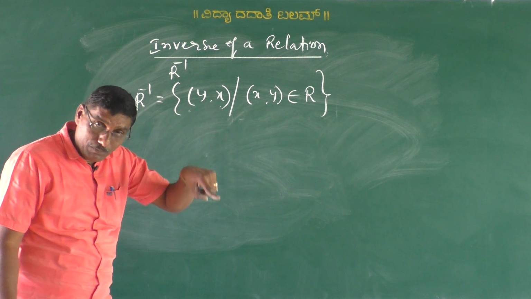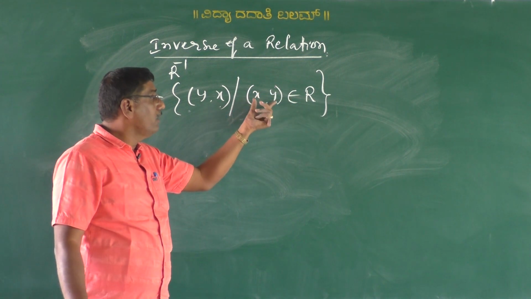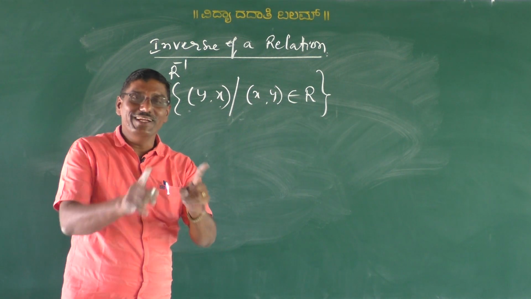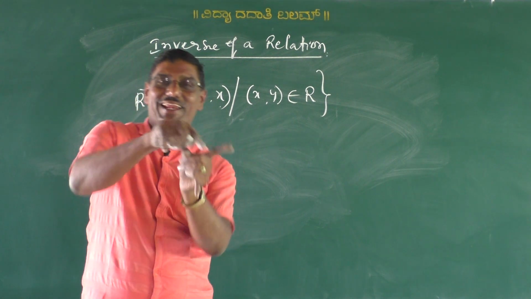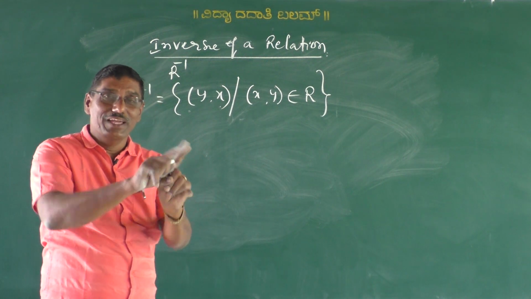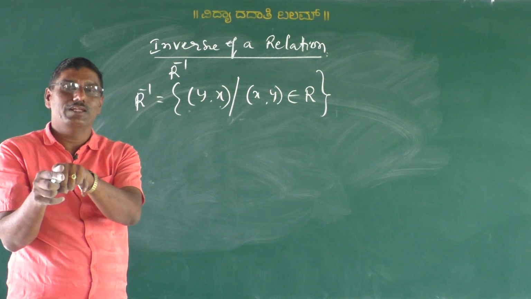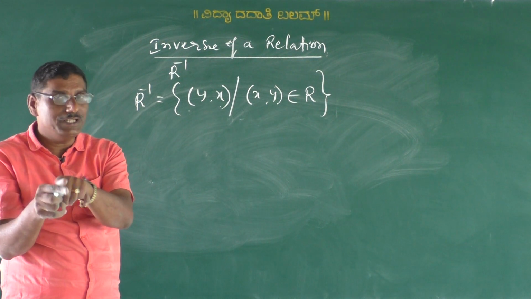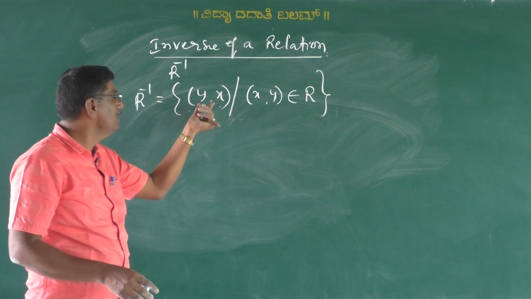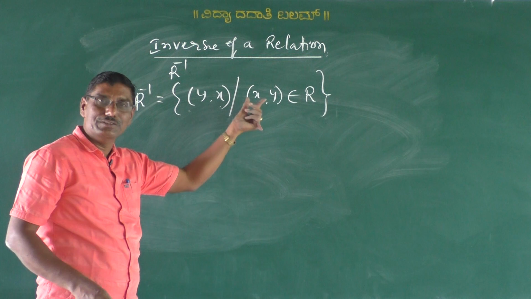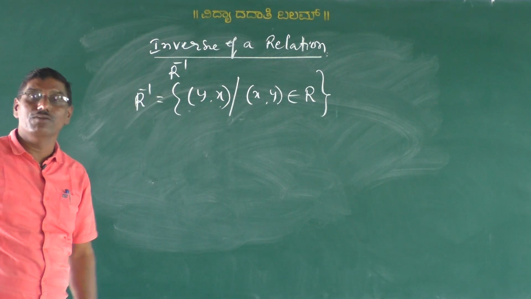For that, in R the ordered pairs are like this, that means interchanging of what? Domains and ranges. Are you understood? Interchanging of domains of R to ranges of R inverse, isn't it? The elements are interchanged. Understood? See what has happened to the elements here, they are interchanged, isn't it? This is what we call R inverse.